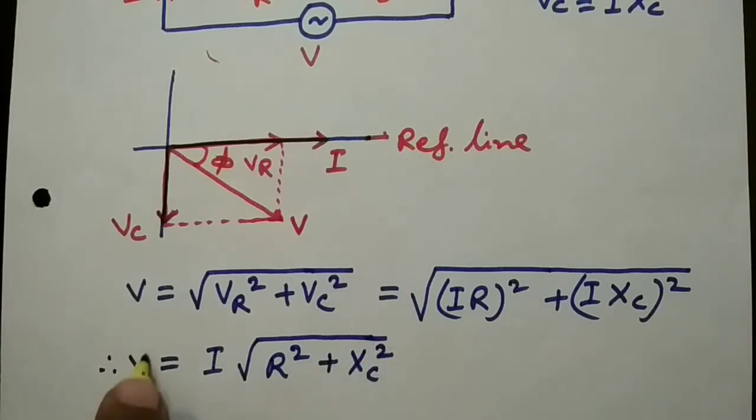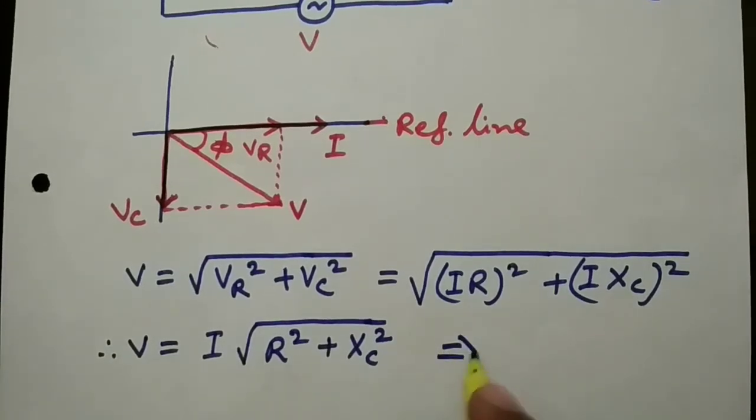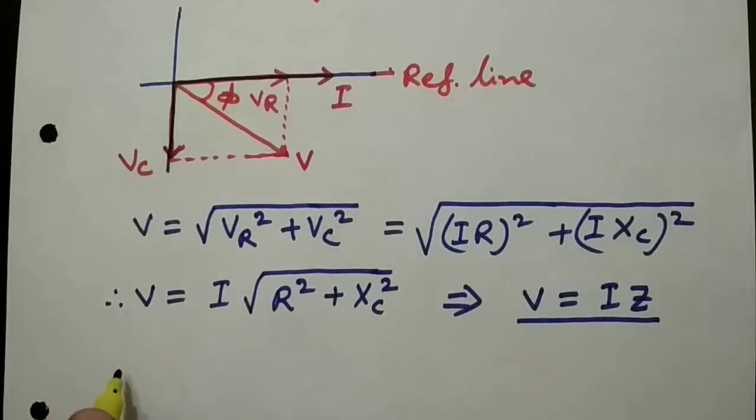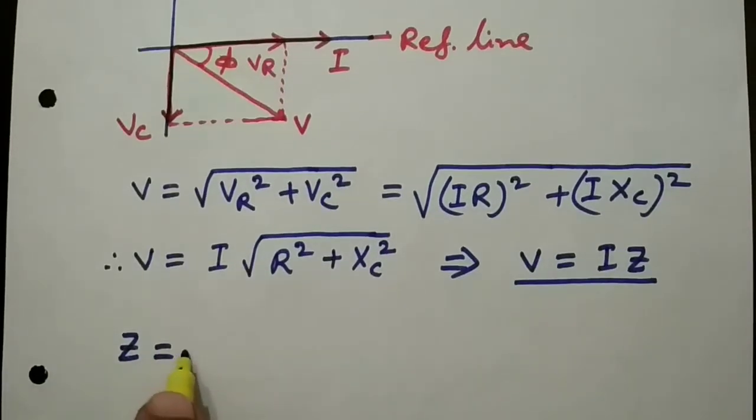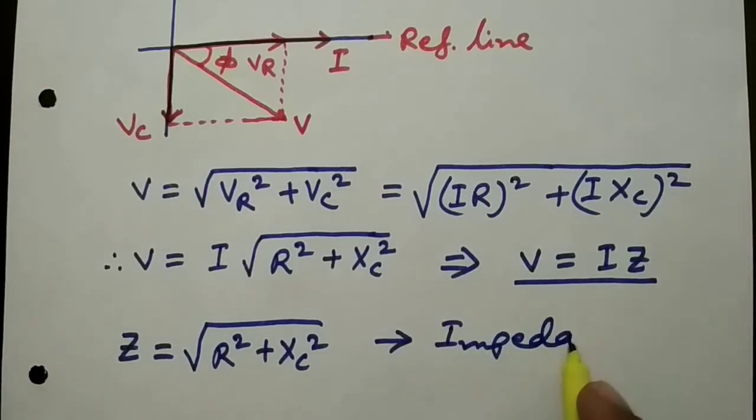So this is the value of V. It is also written as V equal to I into Z, where Z is called the impedance of the RC circuit, and in this case Z is equal to square root of R square plus XC square. So this is the impedance of the RC circuit.